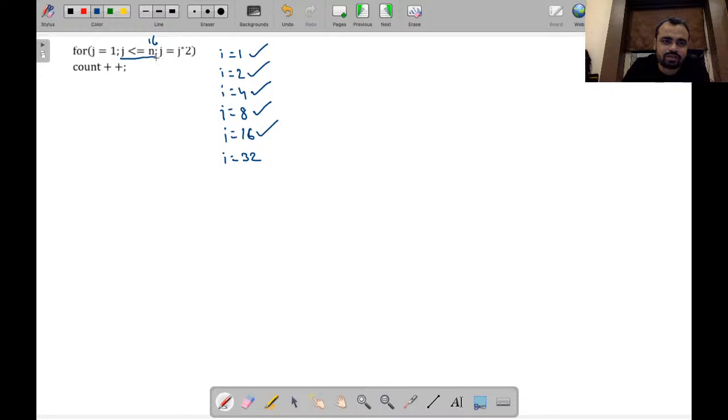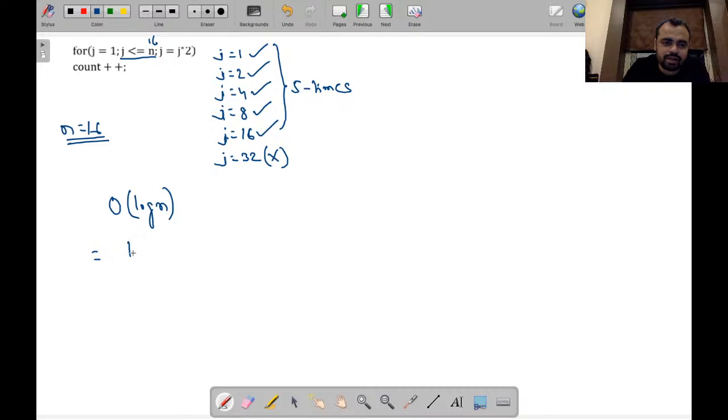The condition gets violated after that, so it is executed 5 times. Whenever we are considering the value of n as 16, it is almost equivalent to the order of log of n. The actual value is 5, but due to a difference of one, it does not change the time complexity. Time complexity is always decided for higher values of n, and that's why we treat it as equivalent. Getting my point?